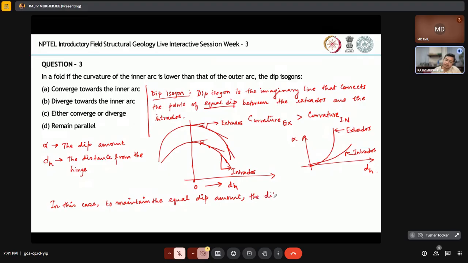Dip isogons have to diverge away from the axial plane towards the inner arc.